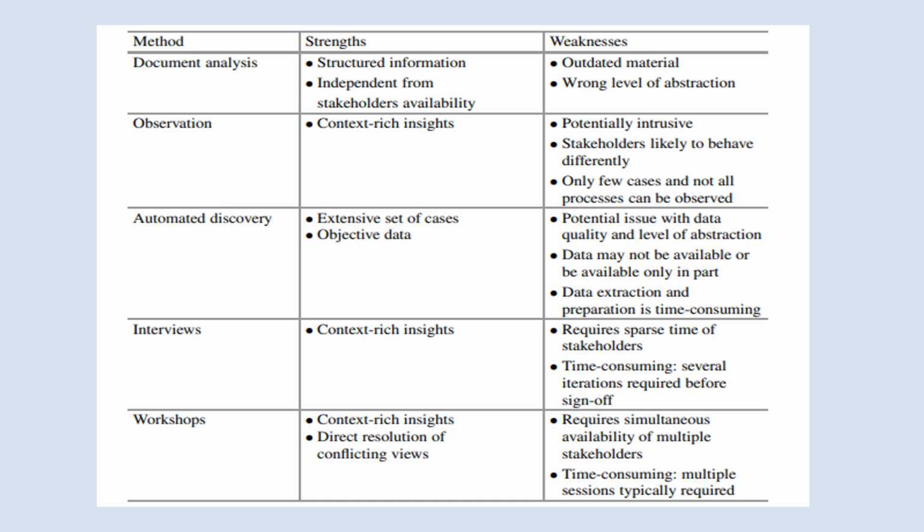Third, automated discovery. The strengths are extensive set of cases and objective data. The weaknesses are potential issues with data quality and level of abstraction. Data may not be available or be available only in part, and data extraction and preparation is time consuming.